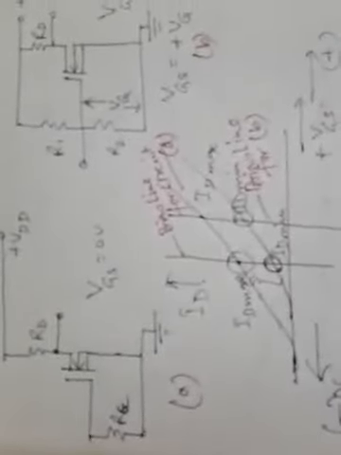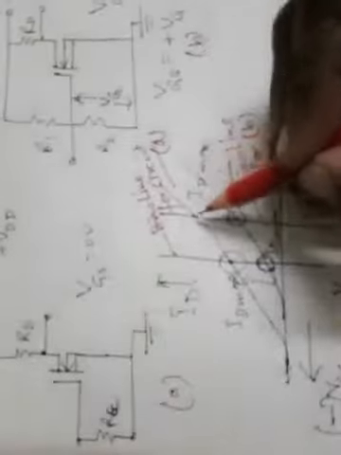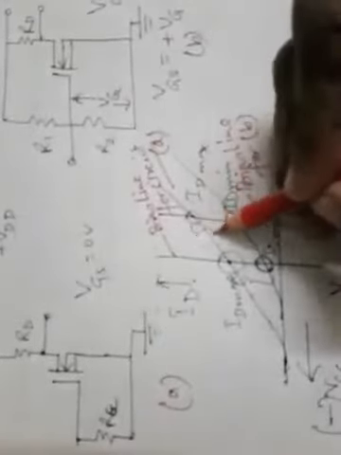So these are the range of values for the first circuit: between this ID max and ID min the ID value should be designed, and for the second circuit these two determine the range of values between which the ID value should be designed.